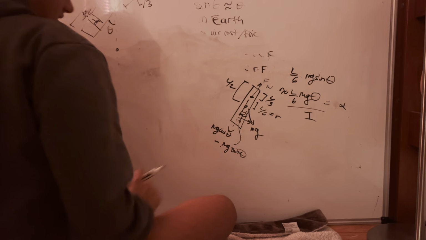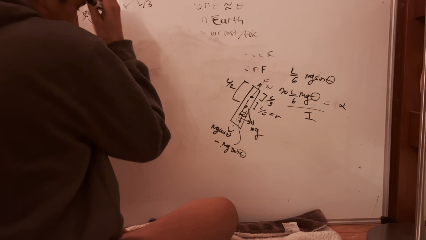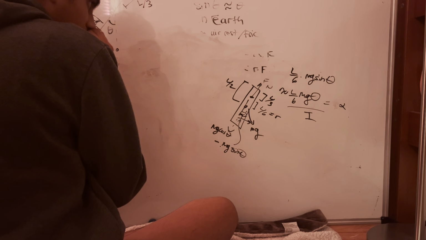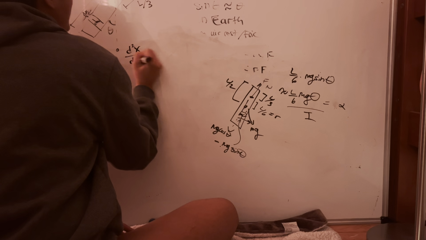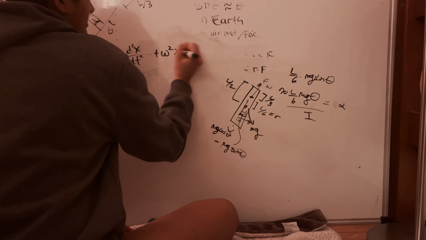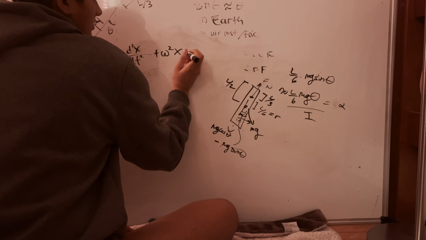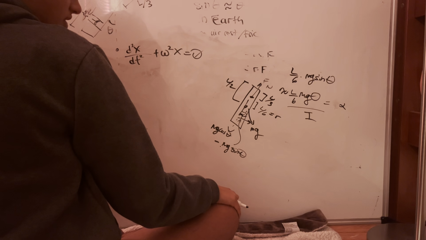We see that mg sine theta over I is equal to alpha. Now that we have alpha, I just erased this equation. We know that this is true.